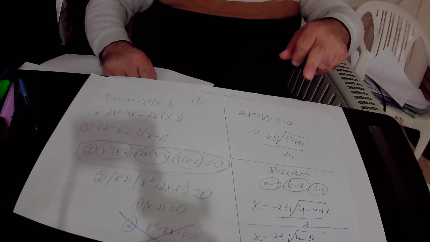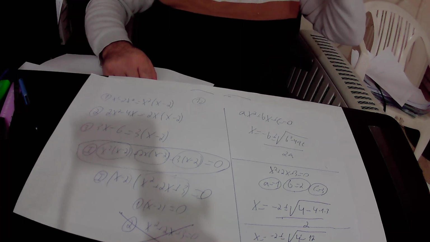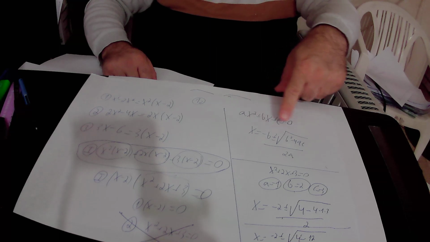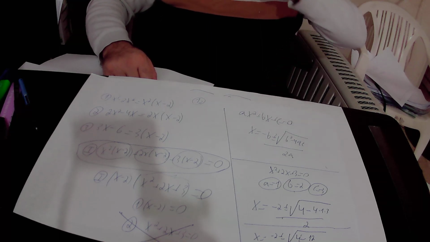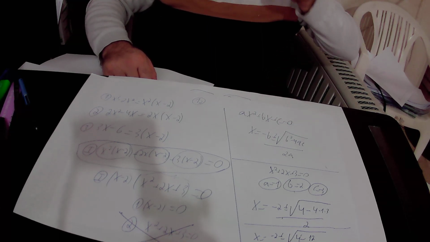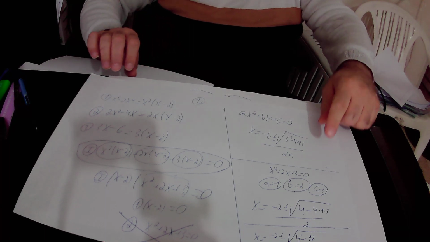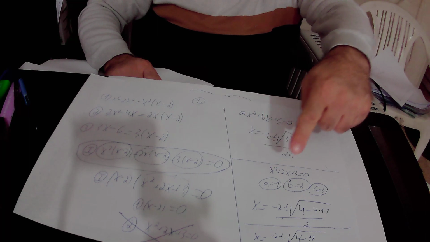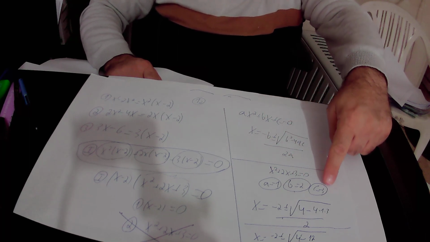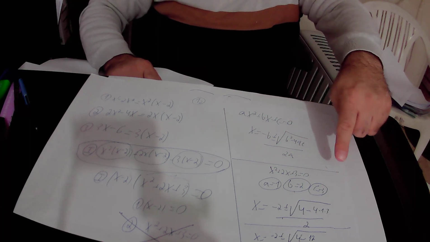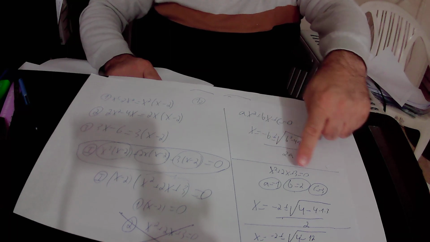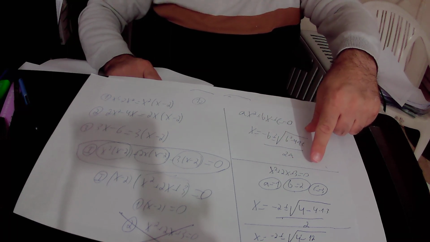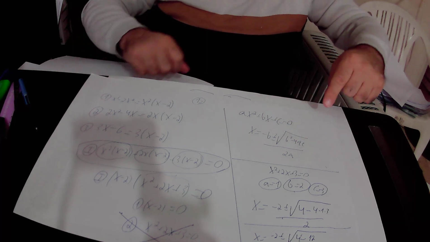And we will find out the value of x by using this formula for x. So in our specific quadratic equation, the coefficients are as follows: a equals to 1, b equals to 2, and c equals to 3. So the only thing that is left is to put this data inside the formula in order to find out the value of x.